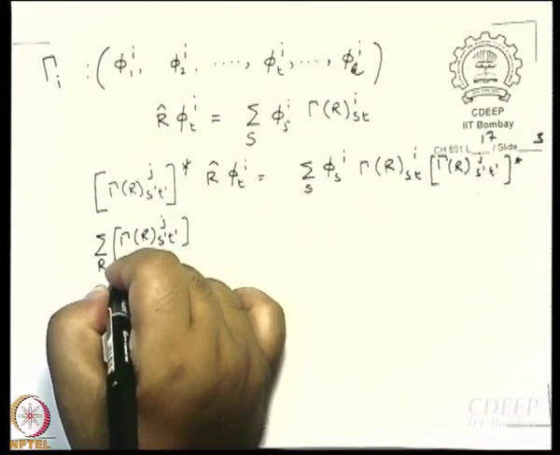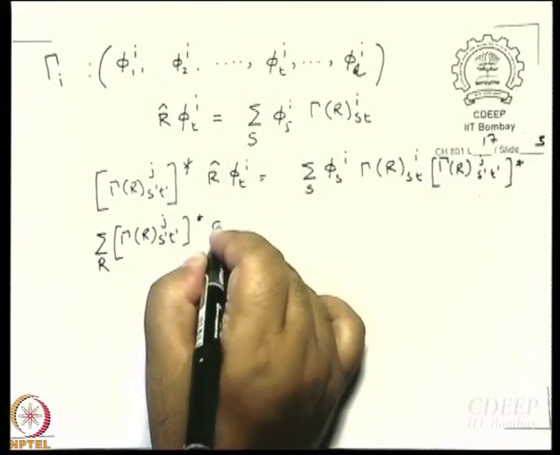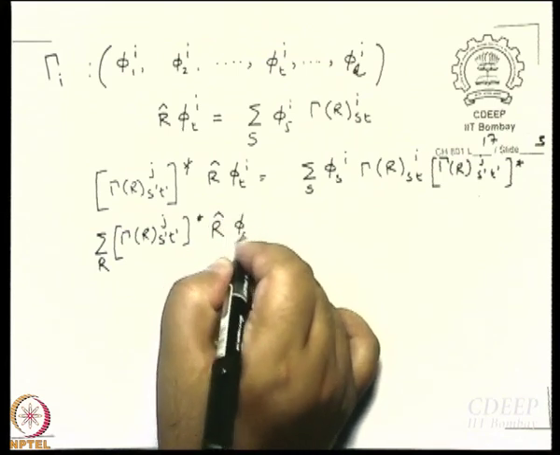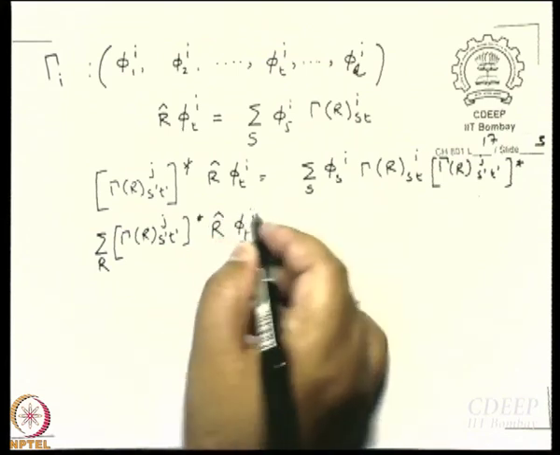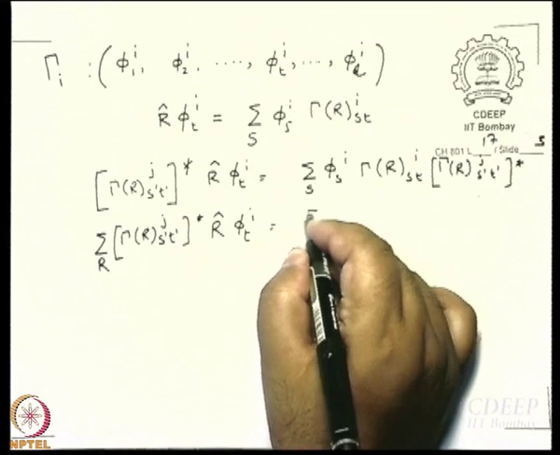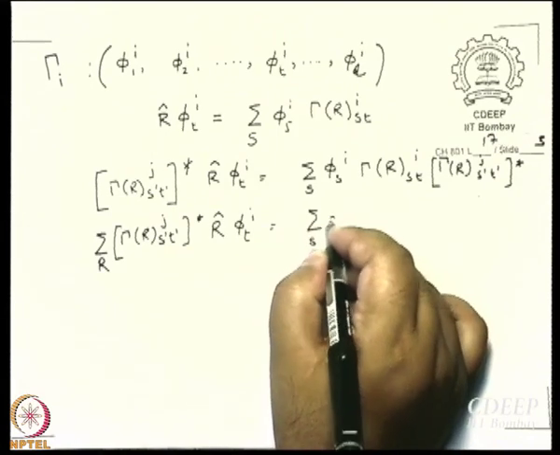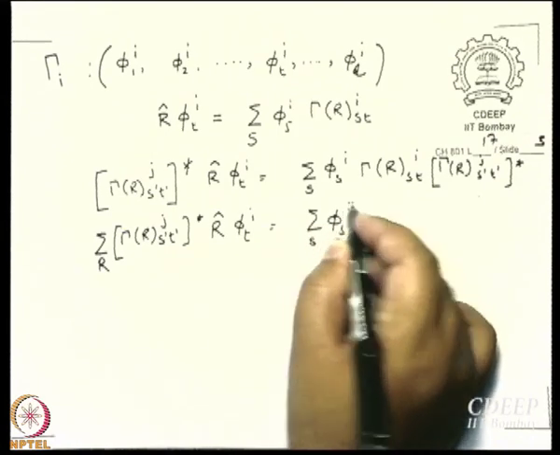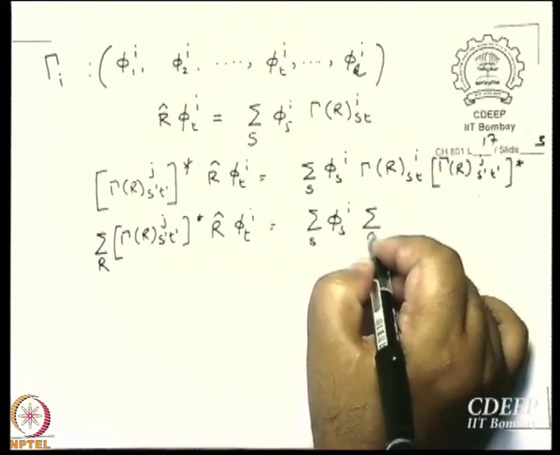So, what you need to do is you need to sum over R gamma R S dash T dash J star R hat phi T I will give you. I hope nobody has an objection if I take this out and I put the summation here.